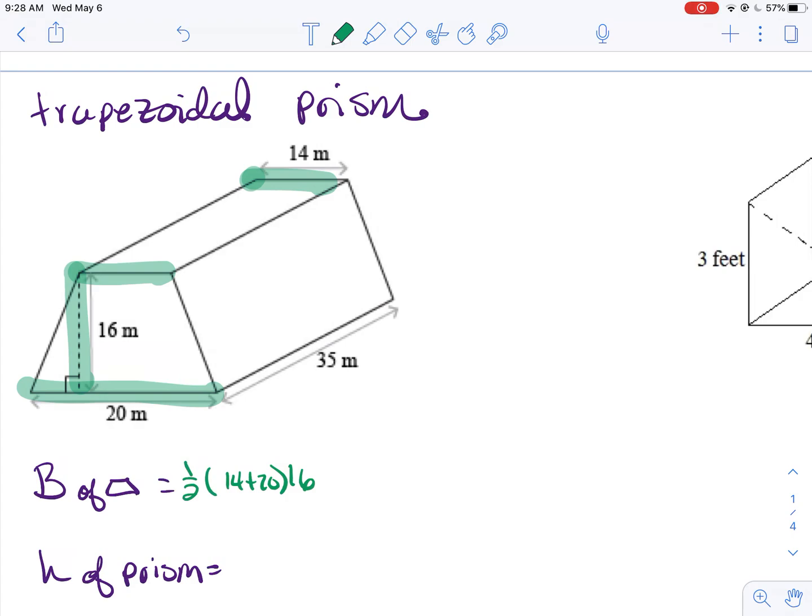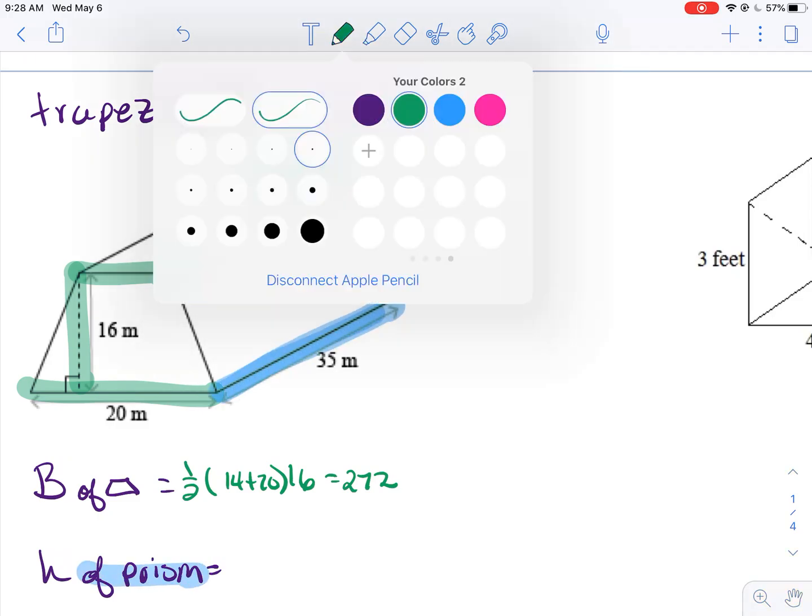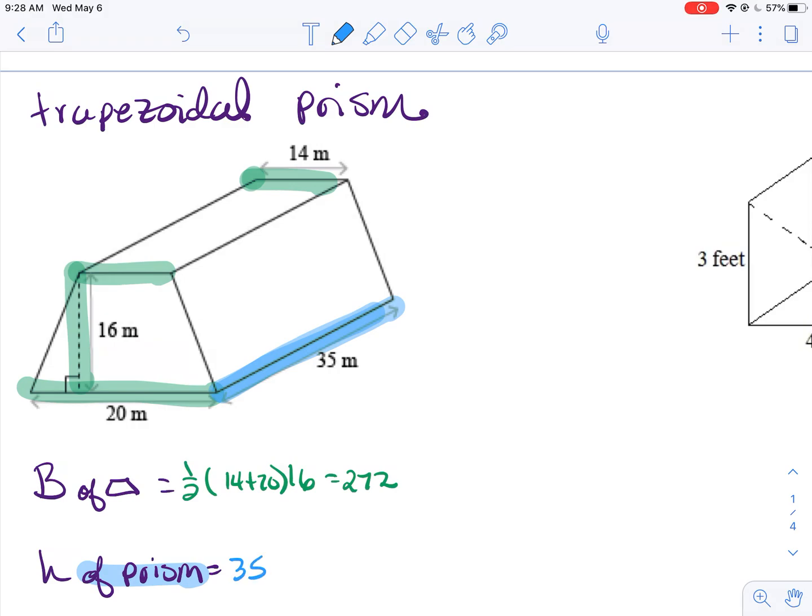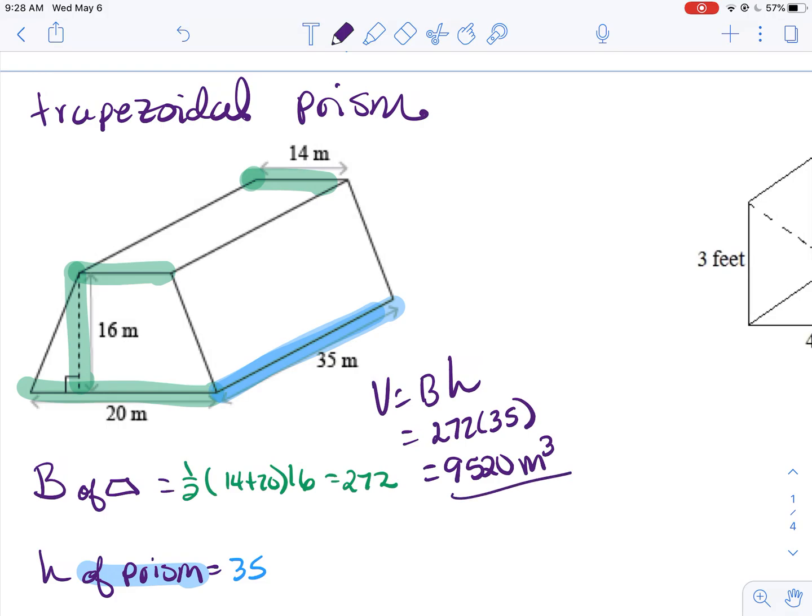So 34 times 16 divided by 2 is 272. I need a height of the prism. So this is the length between the two bases, which is 35. And then I can calculate my volume. Volume is equal to big B times H, so 272 times 35, which is 9520 cubic meters.